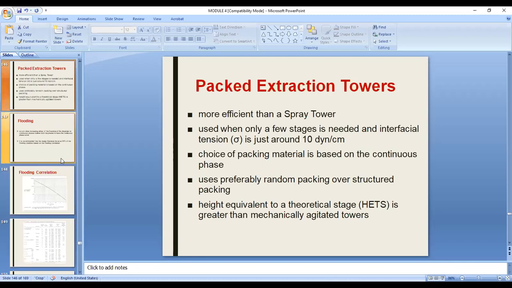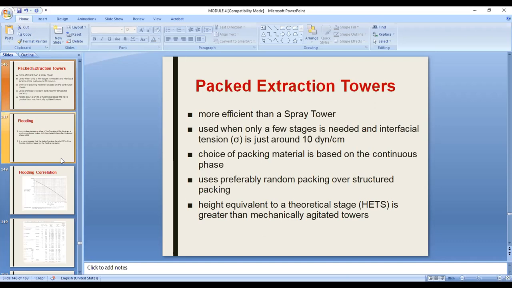As for the packed extraction tower, so this is more efficient, used when only a few stages is needed and when interfacial tension does not exceed 10 dyne per centimeter. In our discussion a while ago, the desirable interfacial tension is 5 to 25. So 10 is still within the range. So choice of packing material is based on the feed. The continuous phase is your feed. And uses preferably random packing over structured packing. So since it's a packed tower, just like gas absorption, we can also have packed towers in gas absorption.